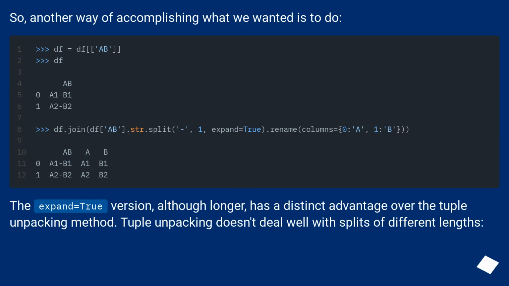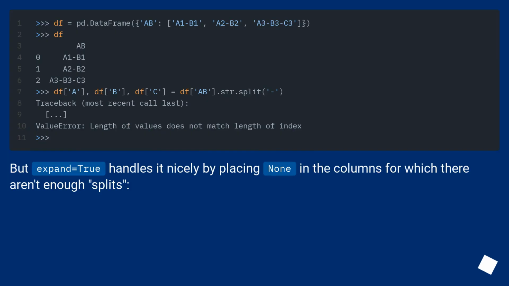The expand equals true version, although longer, has a distinct advantage over the tuple unpacking method. Tuple unpacking doesn't deal well with splits of different lengths. But expand equals true handles it nicely by placing None in the columns for which there aren't enough splits.